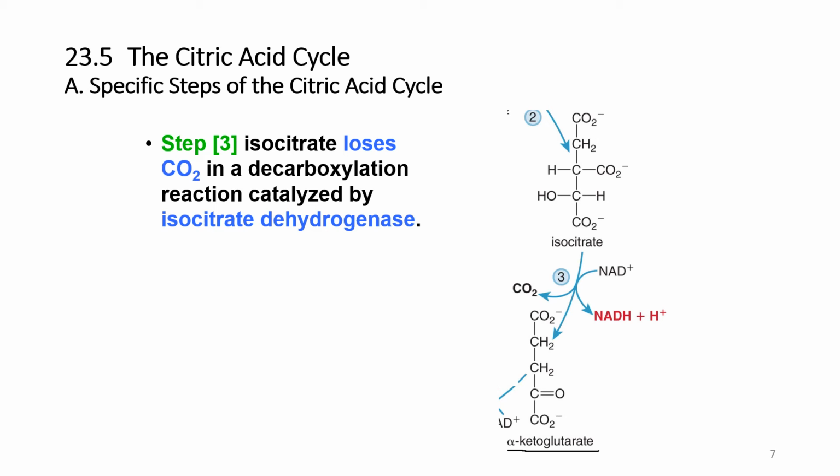So now we have a 5-carbon intermediate, 1, 2, 3, 4, 5, because we lost that molecule of CO2, and at the same time we reduced NAD+. So that's our first NADH that's produced. This enzyme is isocitrate dehydrogenase.